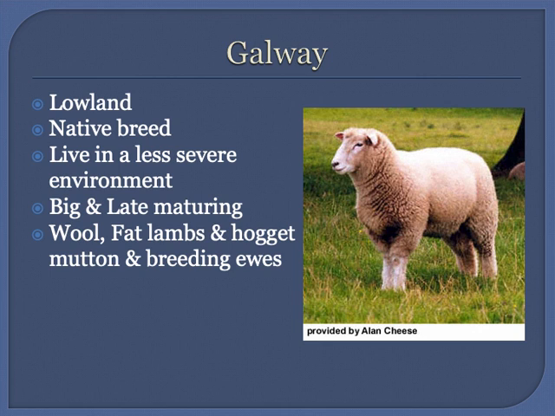It is bred for a less severe environment, so it's not quite as hardy, but it doesn't need to be. It tends to get quite big. It has a relatively good conformation. It has long wool, a pretty good growth rate, but not the best that you'd get, so it can be a bit late maturing.